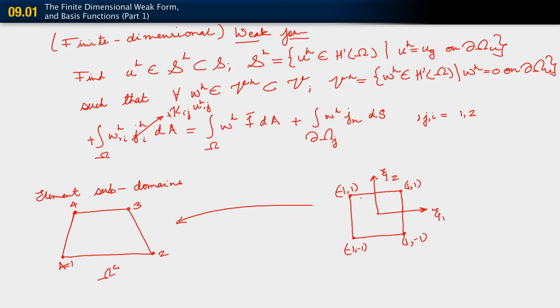Now, we also remember that this mapping gives us a way to write out the geometry. So we know that the geometry in the physical domain can be parameterized by our coordinates in this bi-unit domain.